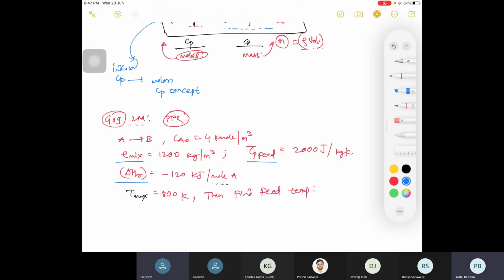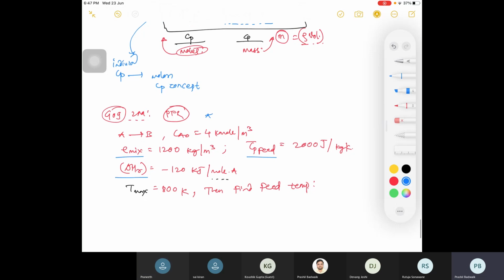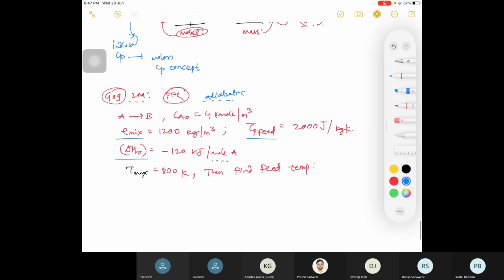Well, is it adiabatic or non-adiabatic? If it is not given, or not mentioned, then you consider it adiabatic. So temperature should not exceed 800 Kelvin.